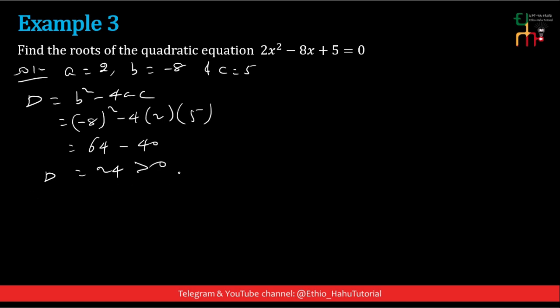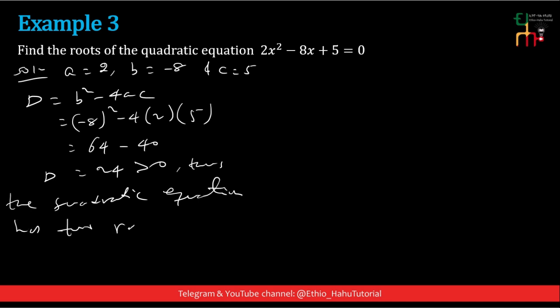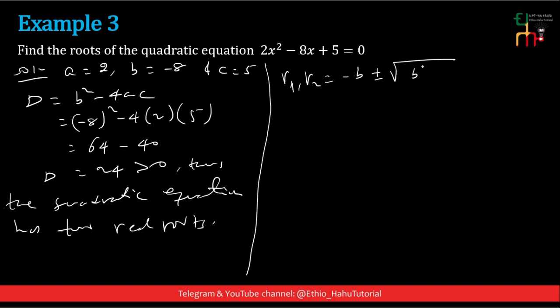Hence, the quadratic equation has two real roots, r1 and r2. Therefore, r1, r2 is equal to minus b plus or minus the square root of b squared minus 4ac over 2a.